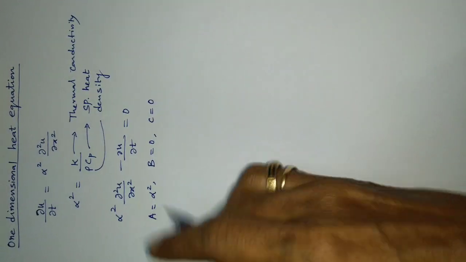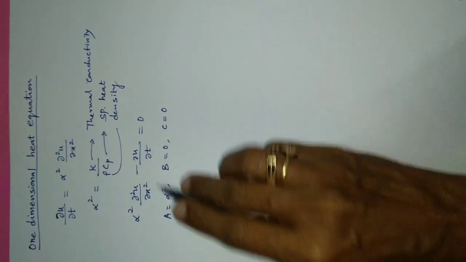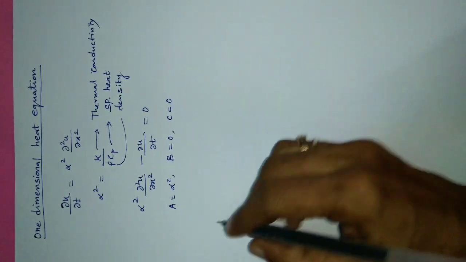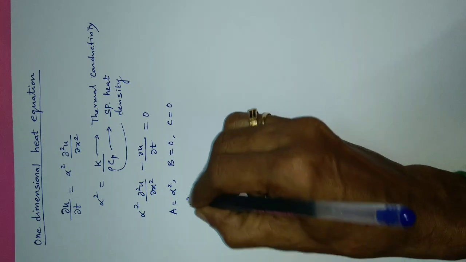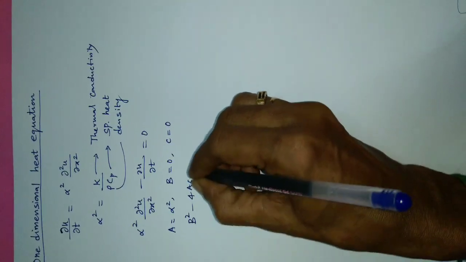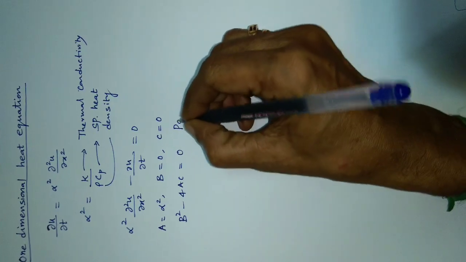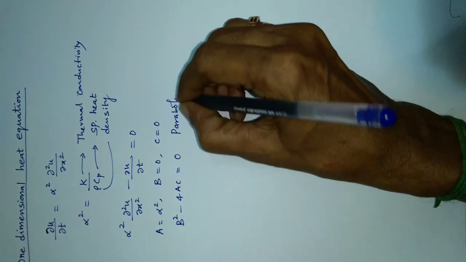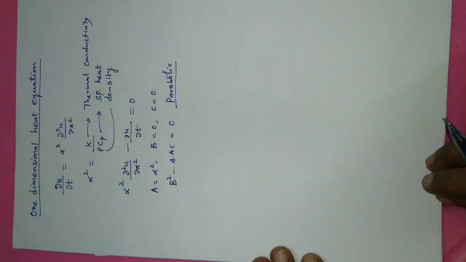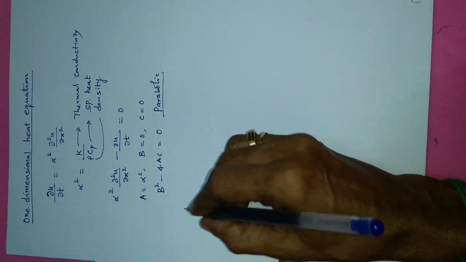Please refer to our previous lecture, then you know how to do the classification. So B² minus 4AC is completely 0. This comes under the parabolic family. So it is very clear, one-dimensional heat flow is a parabolic family. Okay, we'll go for the finite difference solution.